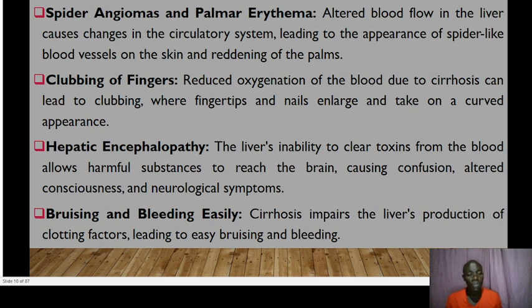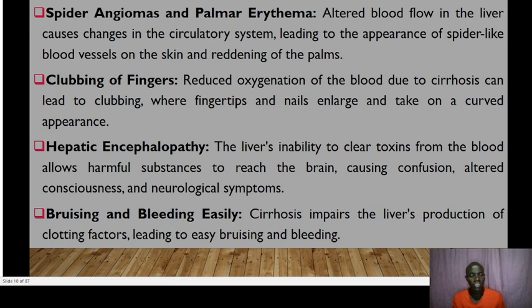Hepatic encephalopathy also may appear where the liver's inability to clear toxins from the blood can allow harmful substances to reach the brain, and this normally causes confusion, altered consciousness, and neurological symptoms.